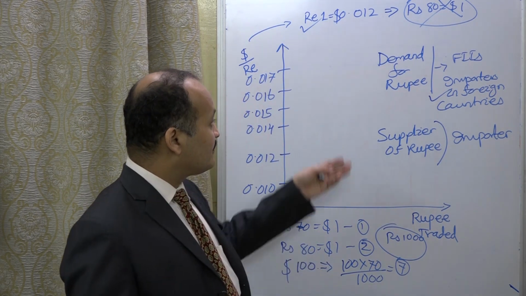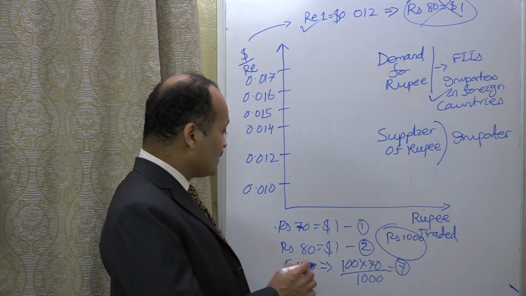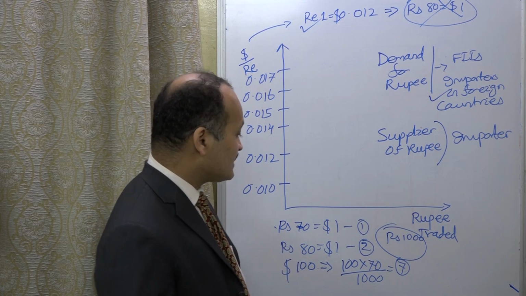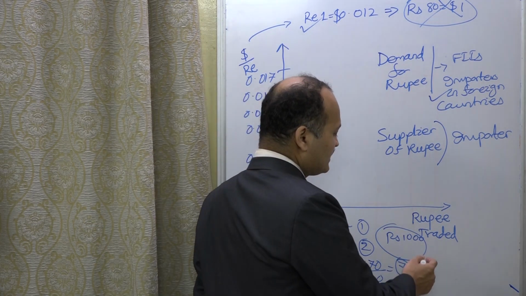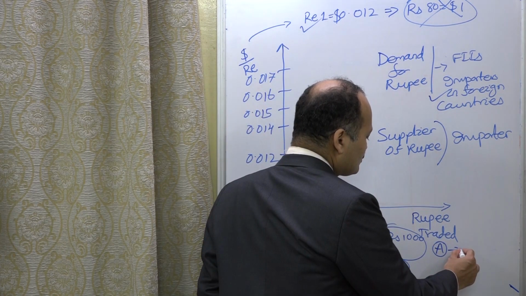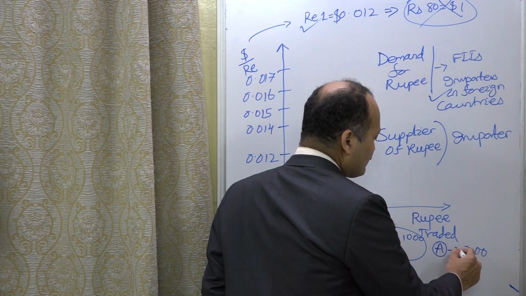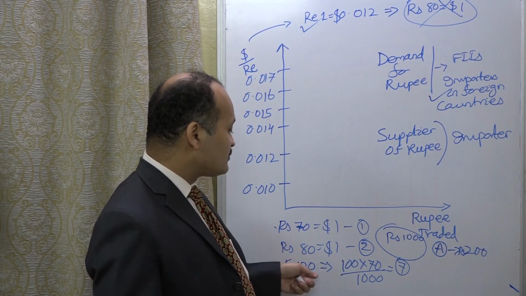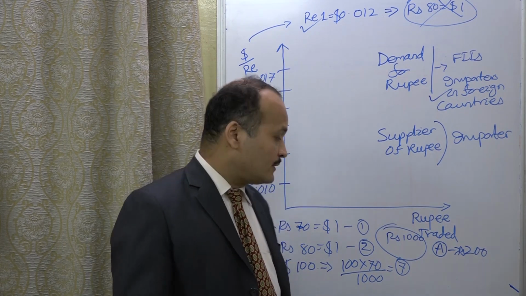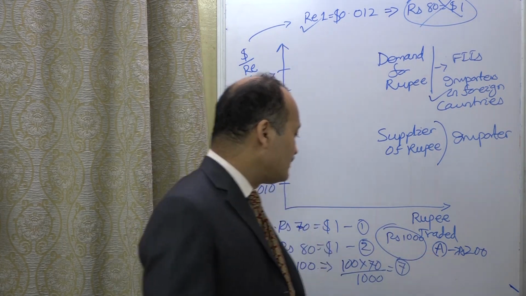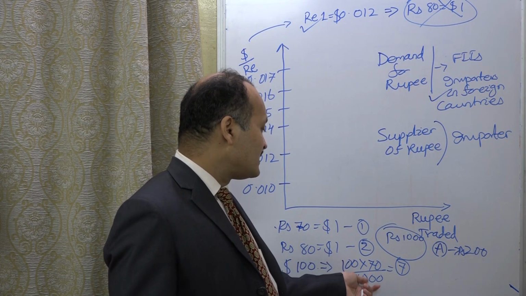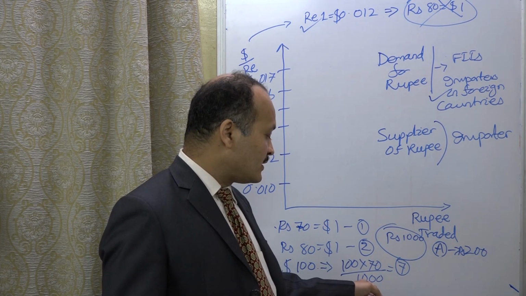We can look at it from the asset purchases. Suppose an FII is interested to buy Indian equities, and the Indian equity of, say, company A is selling at 200 rupees. Now with the same $100, with 70 rupees, he can buy how many units of company A's equity? You multiply $100 into 70, divided by 200 rupees.